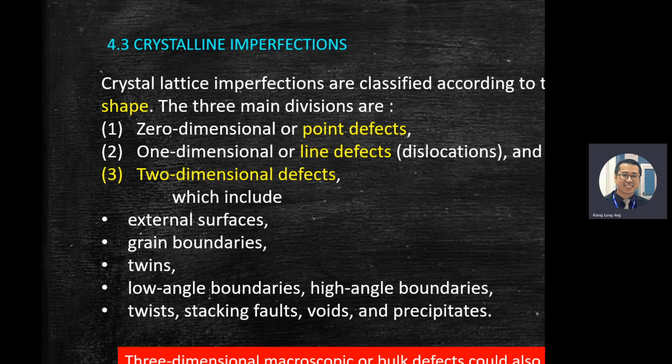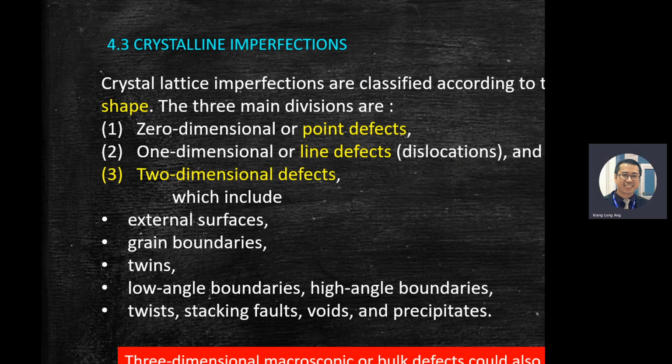First, we look at point defect, which is in the material itself. Let's say we have a pure material. I draw something on the whiteboard.